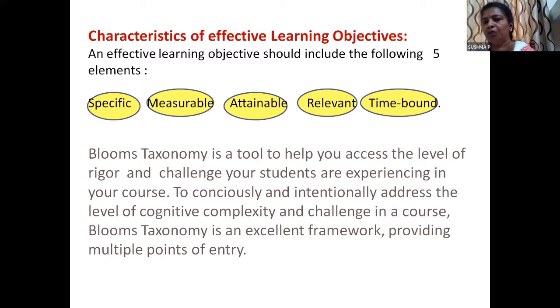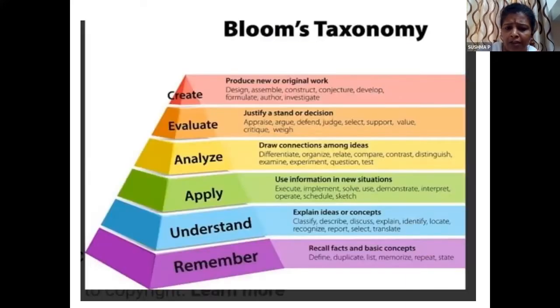So Bloom's taxonomy has given real access to understand these learning outcomes in a very beautiful manner. That's what I would like to talk about. And I'll show you a hierarchy of thought processes, how the learning outcomes take place in Bloom's taxonomy.